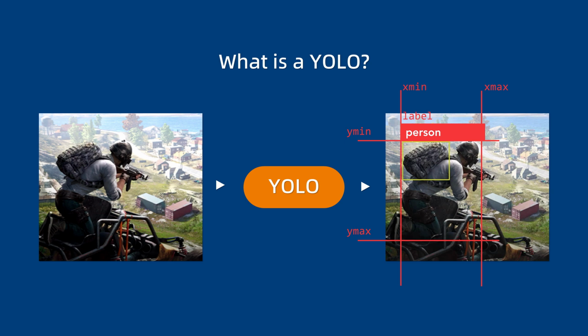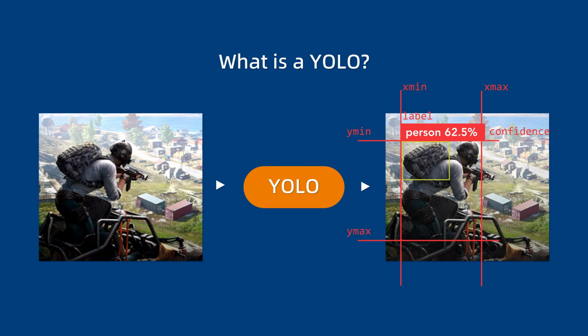For example, 0 stands for person, 27 stands for tie, or some other value that stands for traffic light, etc. So with a label 0, we know there is a person here, and then we can write person while rendering this bounding box. A final value is the confidence, telling you how sure it is with this entire result.